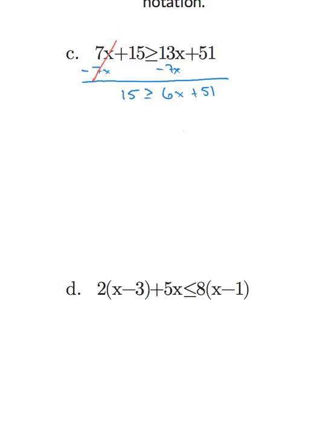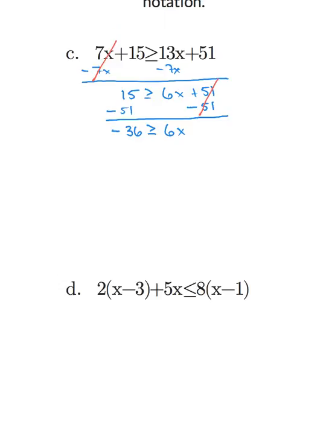From there, since our variables are on the right side, I need to move my constants to the left. So if we move 51 to the other side by subtracting it, we get 15 minus 51 is going to be -36 is greater than or equal to 6x.